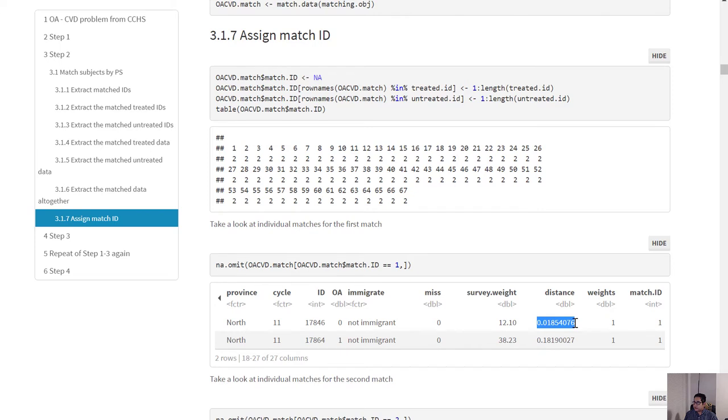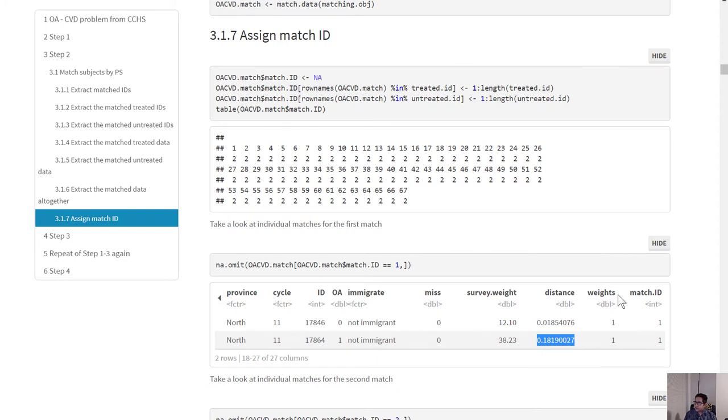So this is the propensity score for the control patient, and this is the propensity score for the treated patient. See that our distance, we are getting a match who is 0.18 scale far away from the control patient.